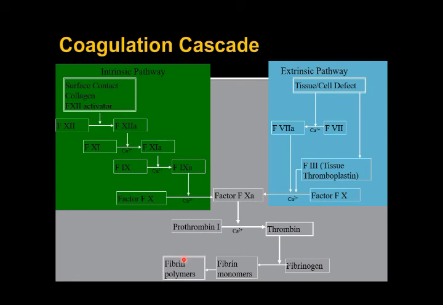So here's where I like to ask a couple questions that hopefully get students thinking about this process. Can you have activation of both the intrinsic pathway and the extrinsic pathway at the same time? The answer is yes, you can.